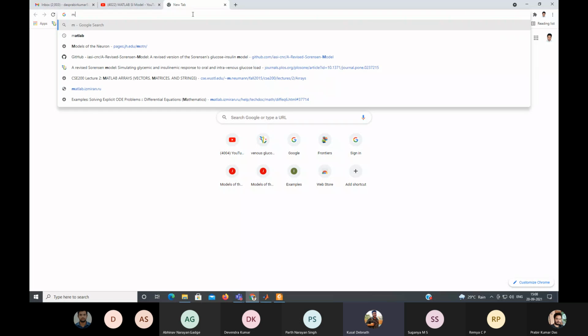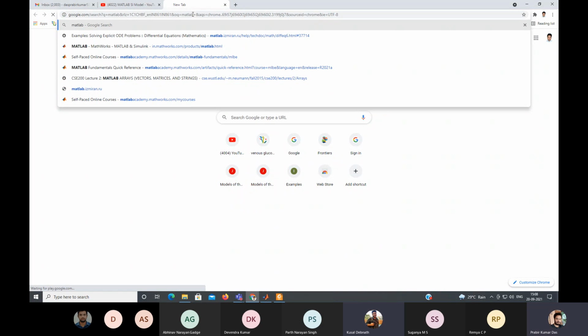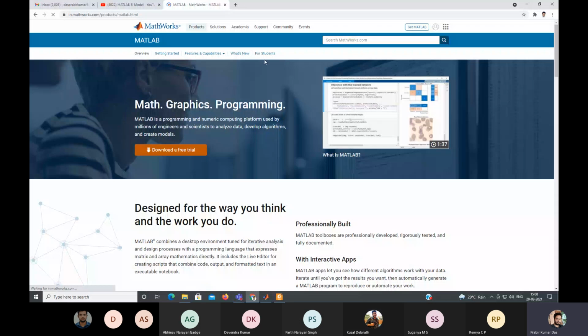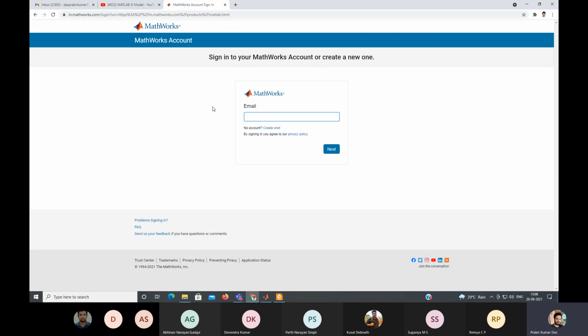You can sign in with your account and then use Matlab on the browser. Otherwise, you have to write down the code.